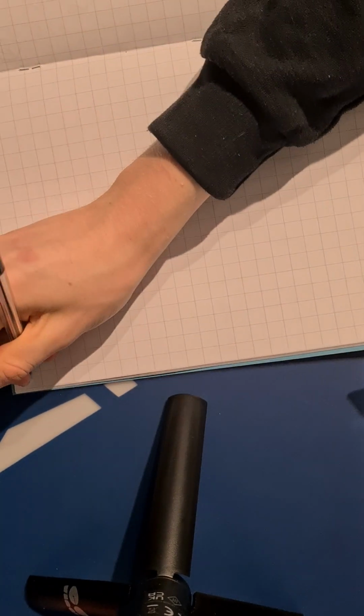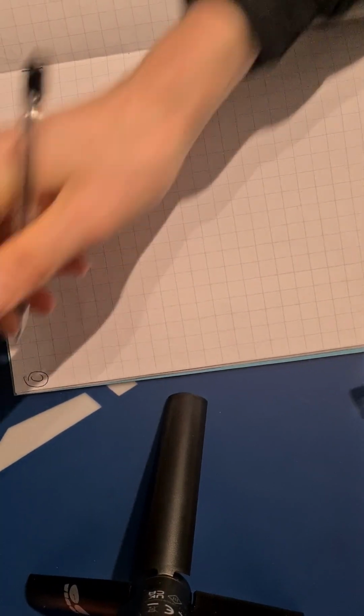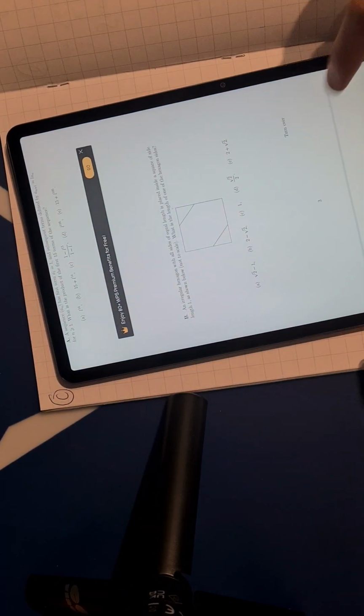I'll just flip this around, get a fresh page, and we'll go on to question C. Alright, question C. Let's see what that is.